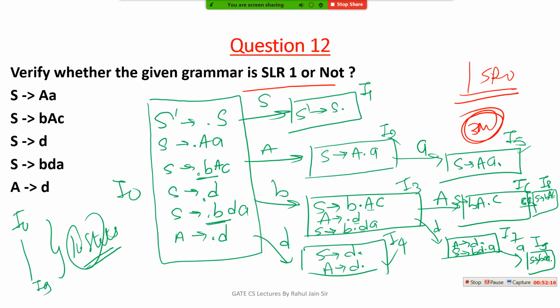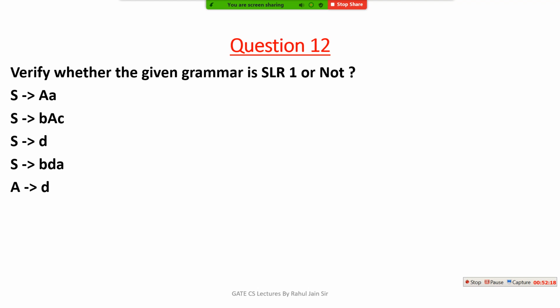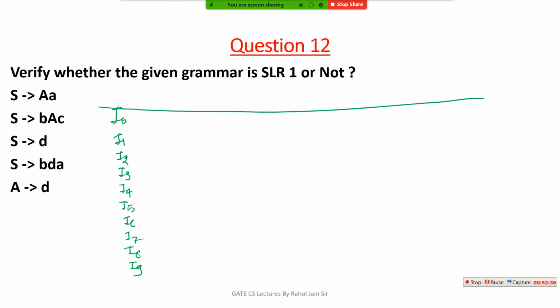Good. Now I am moving to the parsing table. I0, I1, I2, I3, I4, I5, I6, I7, I8 and I9. These are my DFA states.